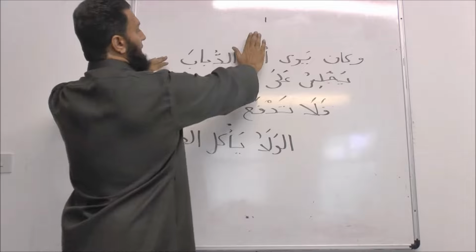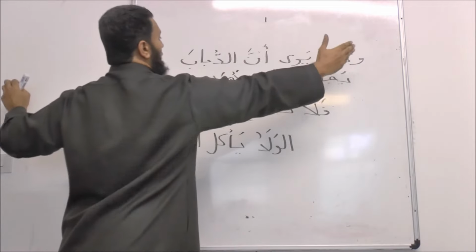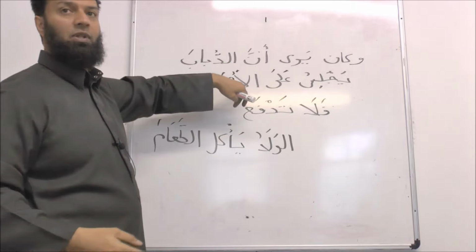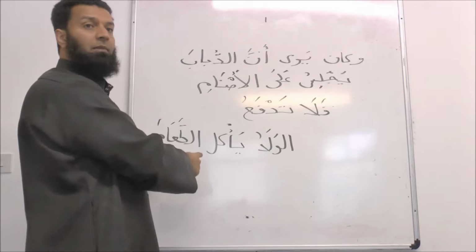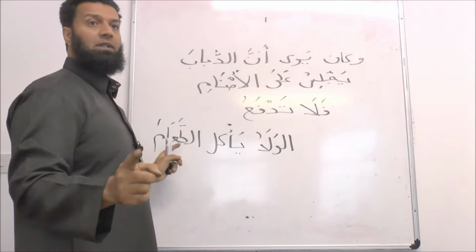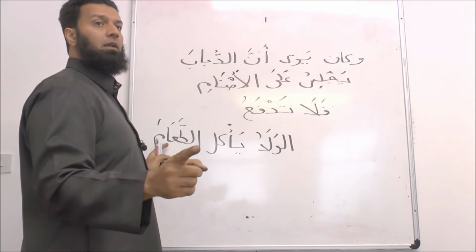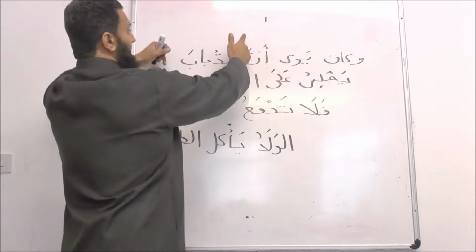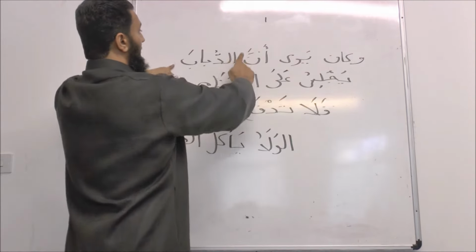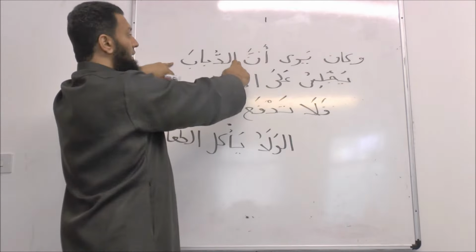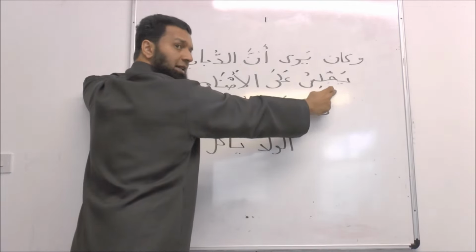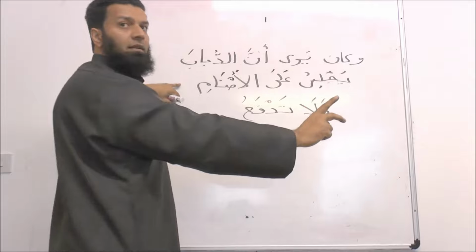If we didn't have anna, if we didn't have any of this before it, that would be al-dhubabu yajlisu ala al-asnami, like al-waladu ya'kulu at-ta'ama, right? Wouldn't it? With the jumlatul fi'liya. Yes. But this is still al-mubtada'u, and that's still al-khabaru. Can you see that? It still is.